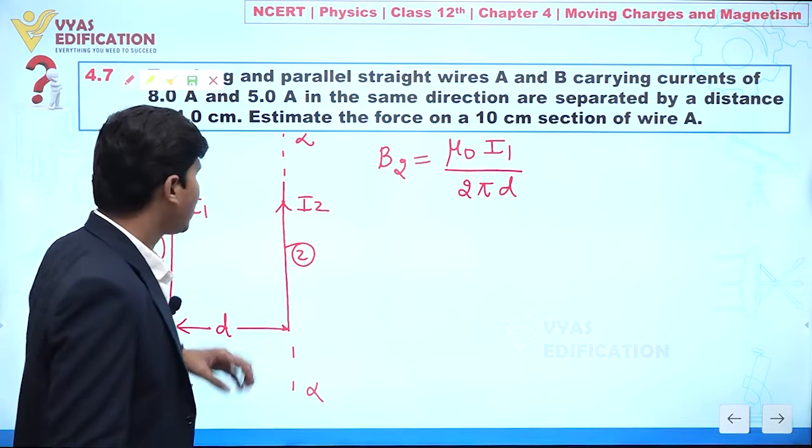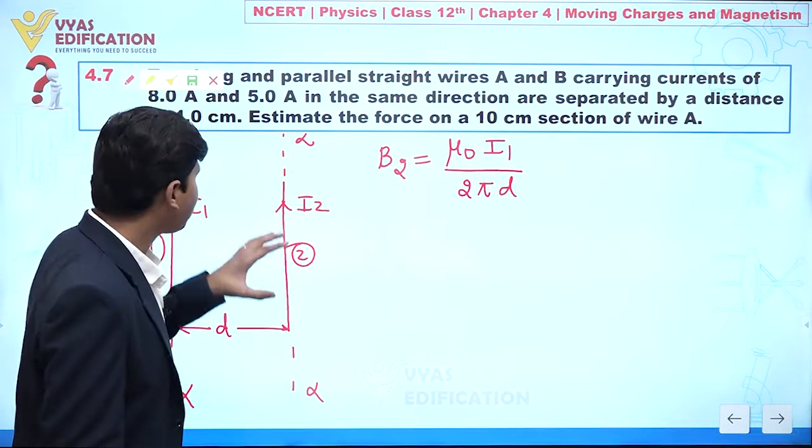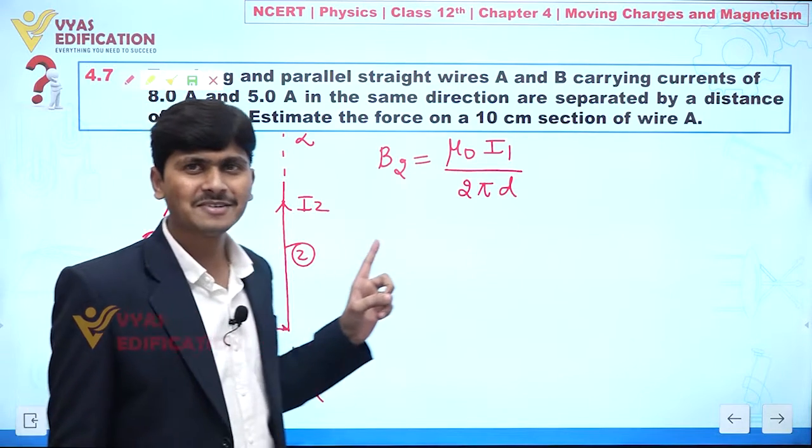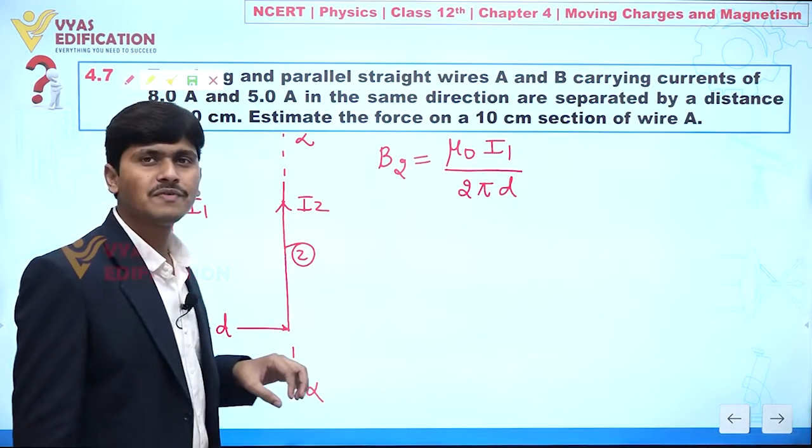Now we are placing this current carrying wire in the magnetic field of wire 1. It means it will definitely feel a force.